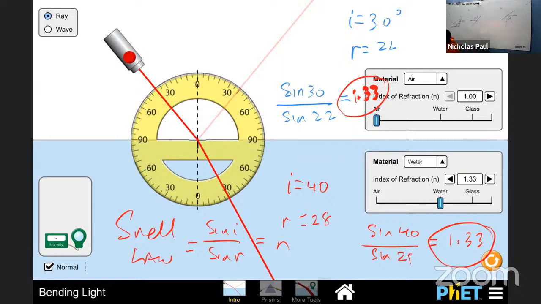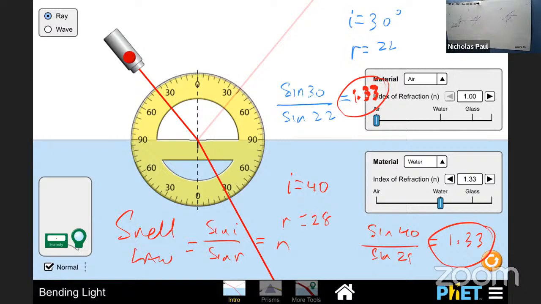So that 1.33 is the refractive index of the water.